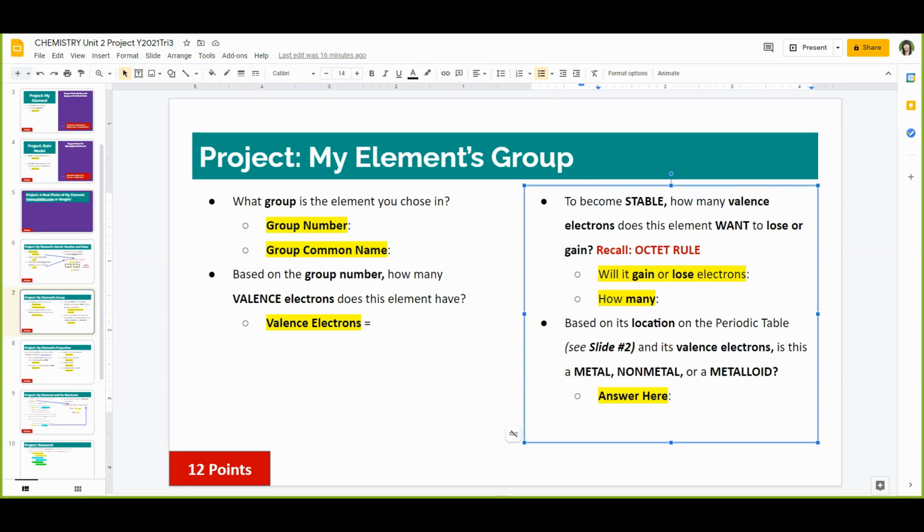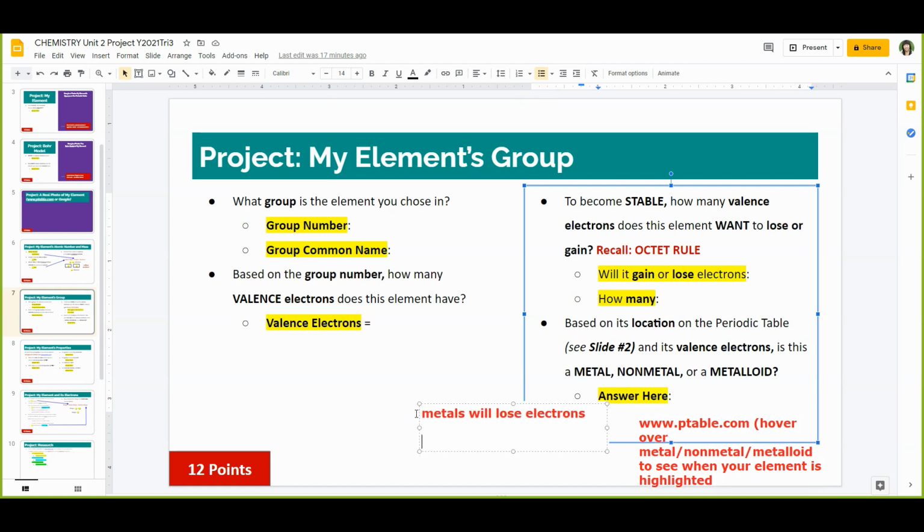Okay, so again, all of this can be found from www.ptable.com, hover over metal, non-metal, metalloid to see when your element is highlighted. But again, in general, metals will lose electrons, non-metals will gain electrons, and metalloids are in between.